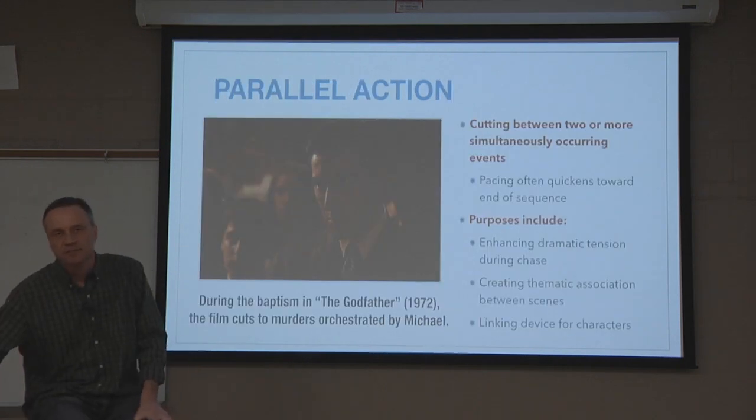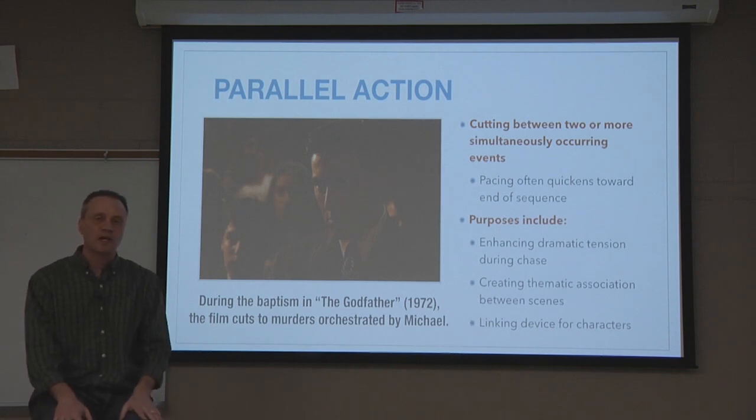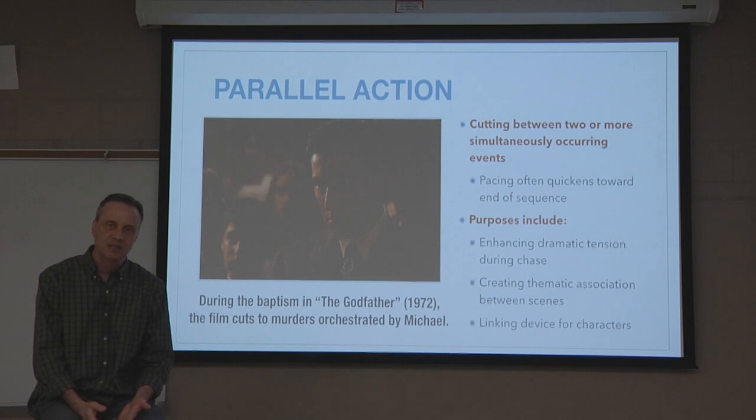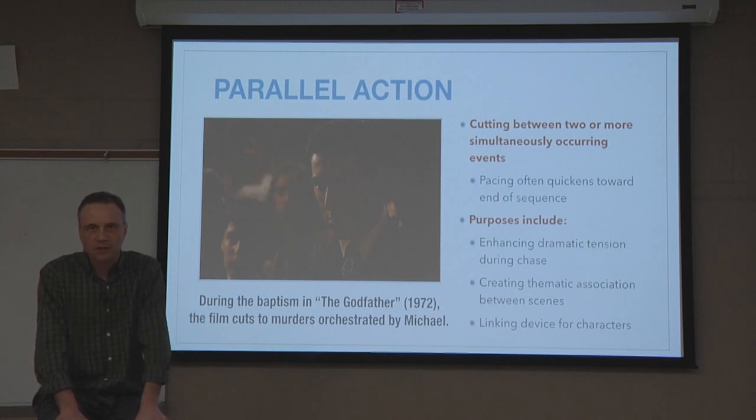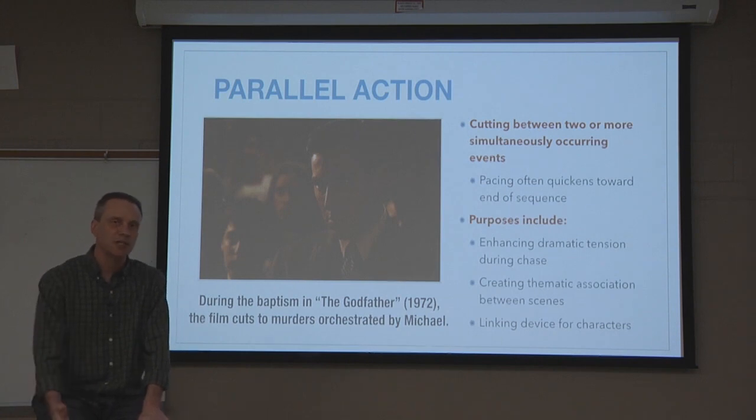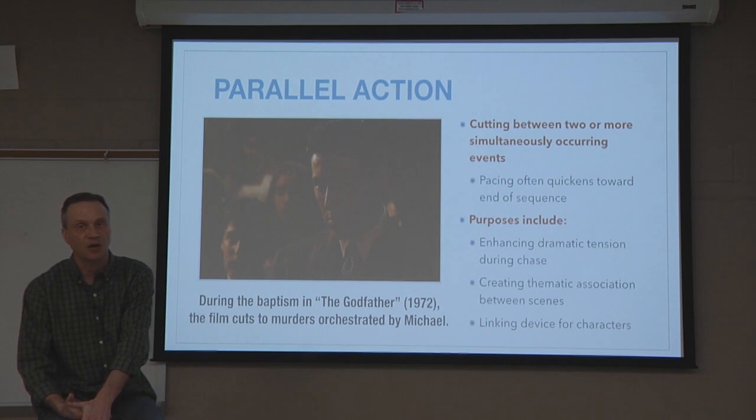Parallel action. Okay, this is whenever we have two or more events going on at the same time. One example I think probably a lot of you are familiar with is the end of Ferris Bueller's Day Off. We see in that film, Ferris is rushing to get back home before his sister can get back home to basically bust him.